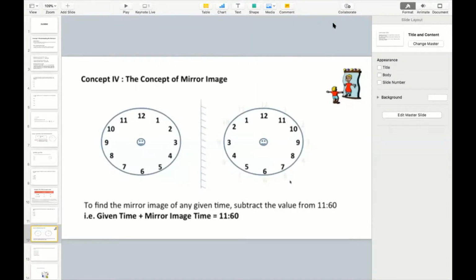So generally people will get confused between 4:40 and 5:40.